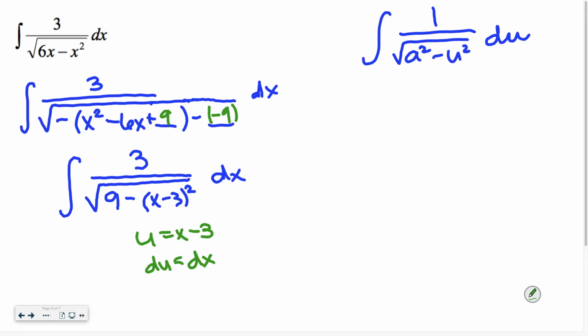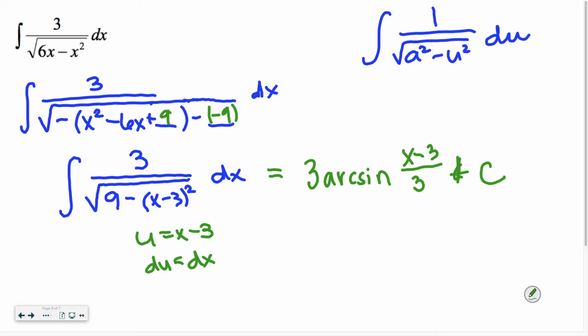So our antiderivative, arc sine only has one a, so we don't have to worry about the 1 over a. We just need the u over a. Hey, that's what I got.